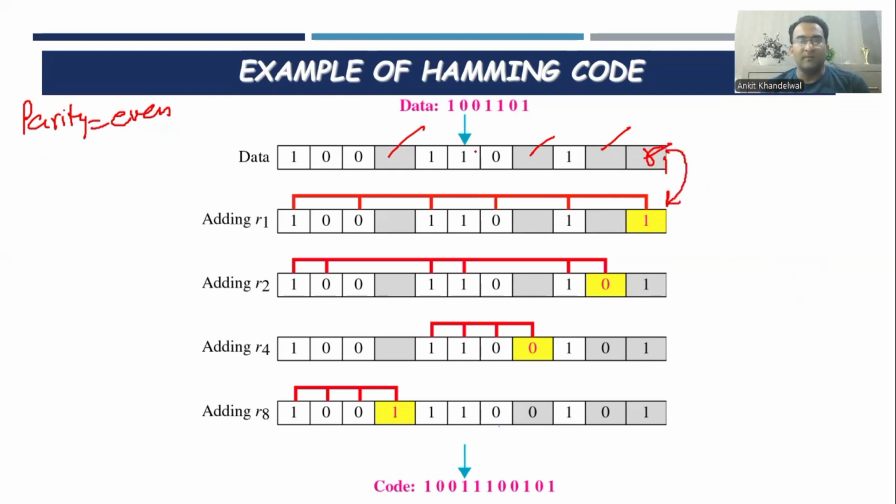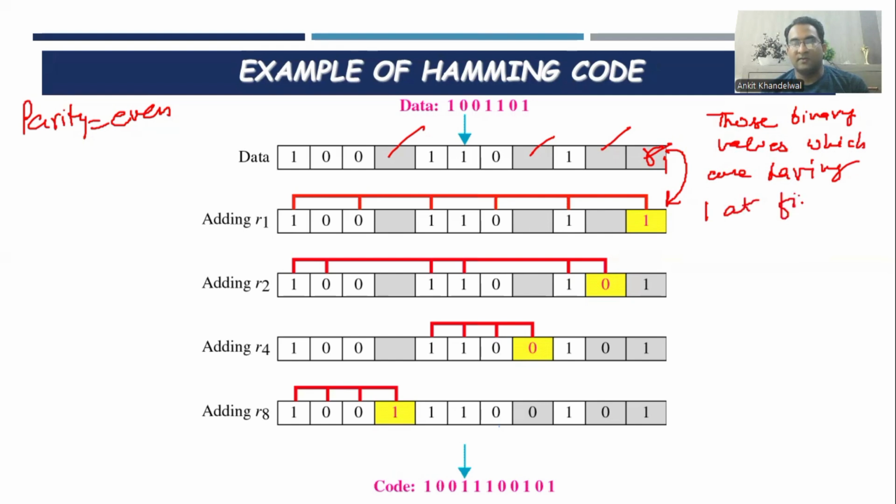For this R1, we are considering those binary values which are having one at the first position.